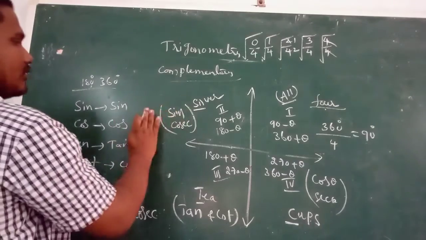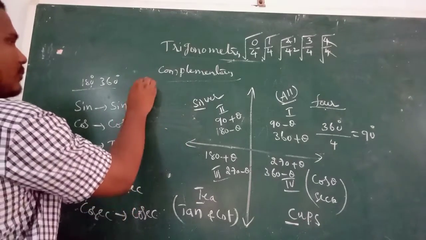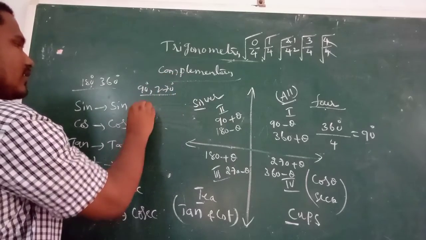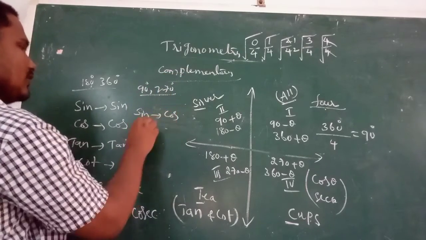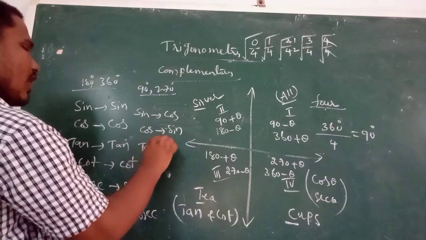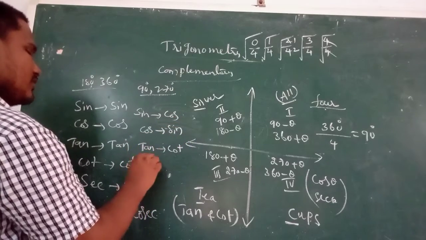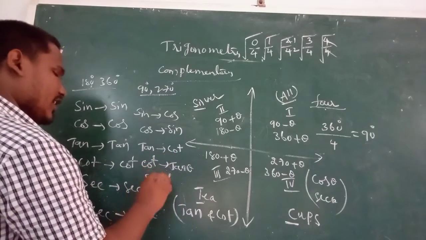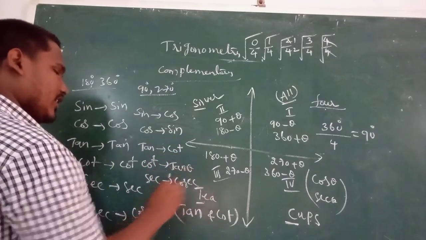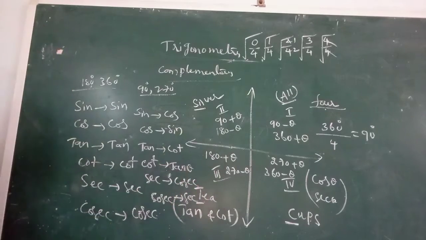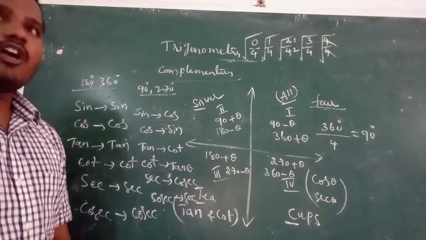Suppose 90 degrees or 270 degrees are there, then sin becomes cos, cos becomes sin, tan becomes cot, cot becomes tan, secant becomes cosecant, cosecant becomes secant.